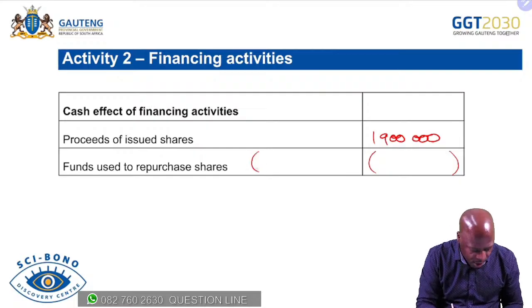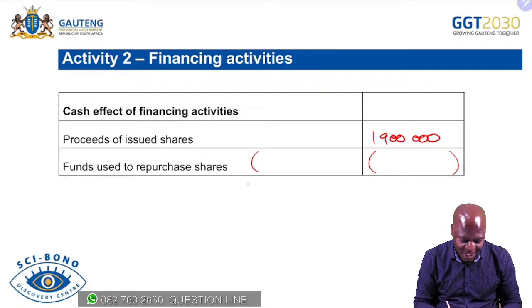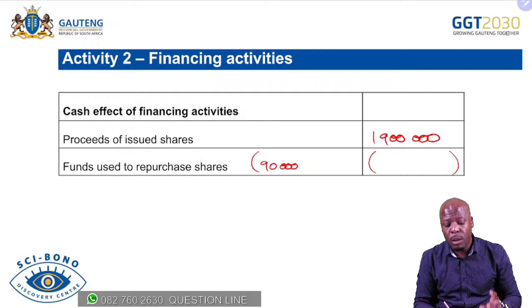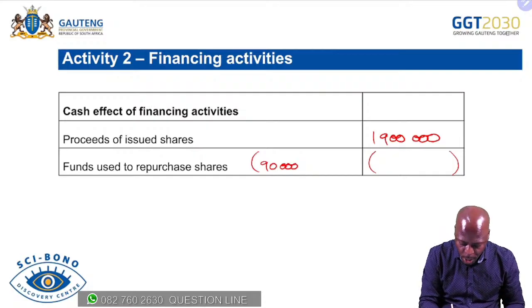We're buying back shares. It becomes a cash outflow. How many shares did we buy back? The question told us. We bought back 90,000 shares. Do you still remember? We had 3 amounts on the triangle. We had our 10 Rand, our 9 Rand 10 cents, and our 90 cents. And I told you this is what goes to the cash flow statement.